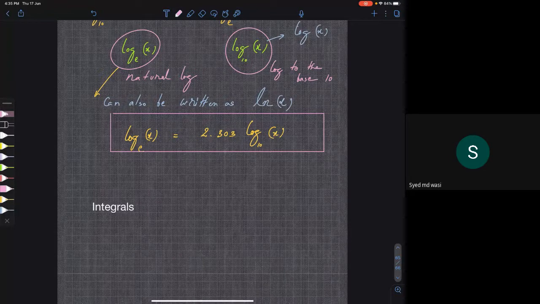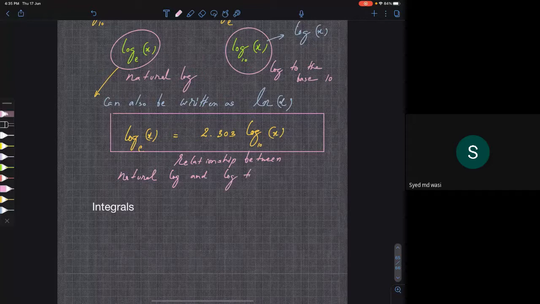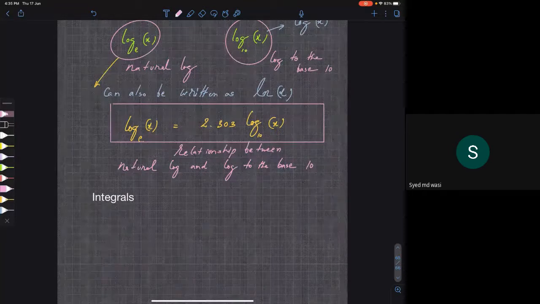This is the relationship between natural log and log to the base 10. Clear? Okay?